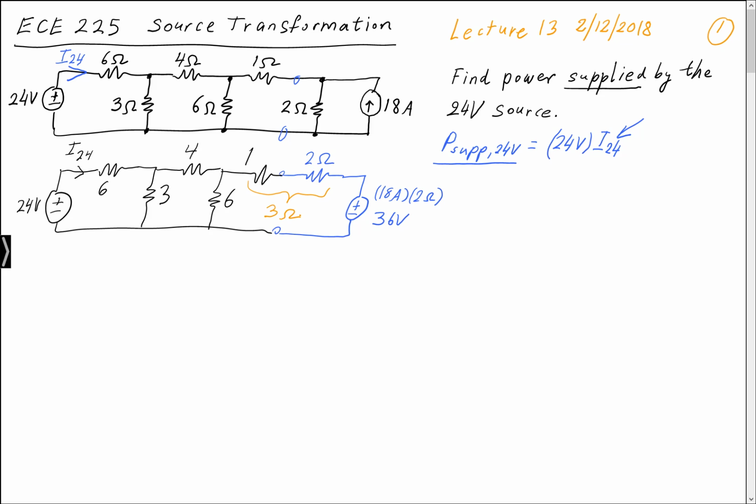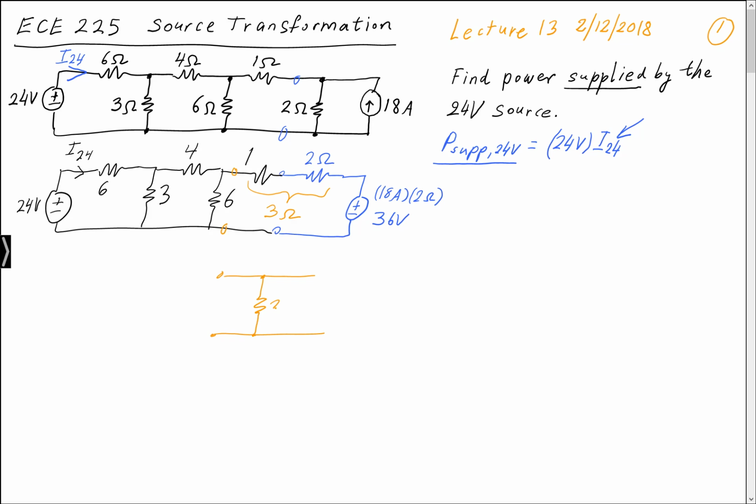And we note that if we look to the right of these two terminals that I drew in orange there, what you see is a 3 ohm resistor in series with a 36 volt voltage source. Well, we can apply source transformation to that. So if we apply source transformation to that circuit, what we'll have is the following.